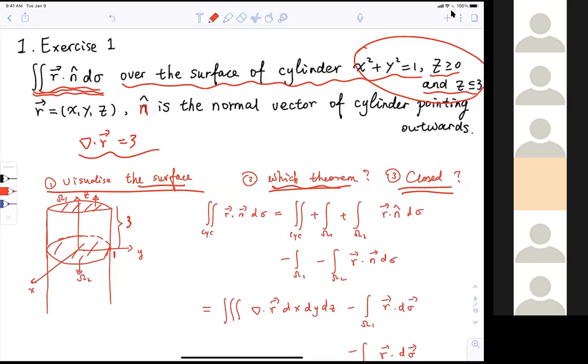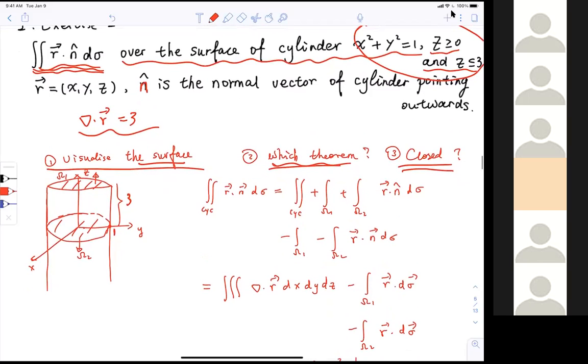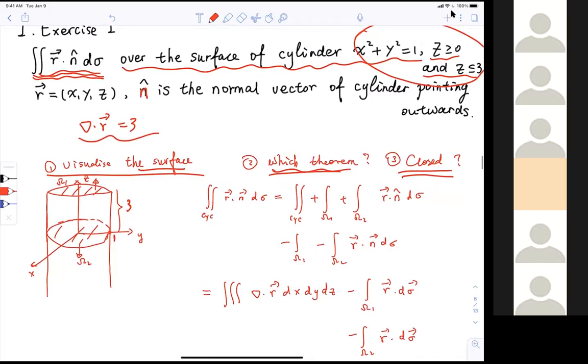Let's see, here I wrote down all the steps, so you can see what I'm doing here. Basically, starting from the original integration, the surface is a cylinder, and to make the surface closed, we need to add the top disk and the bottom disk.